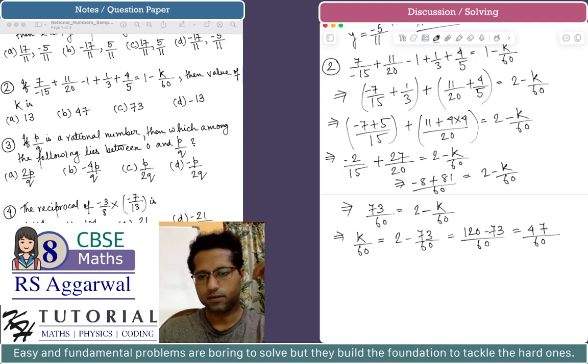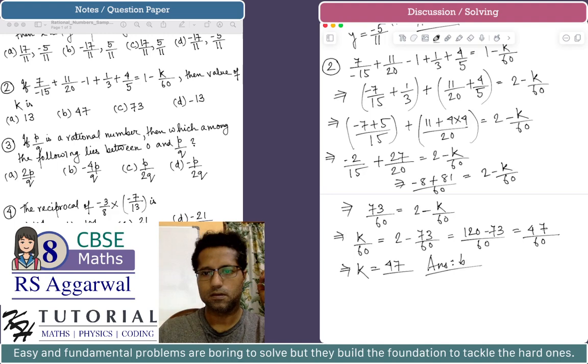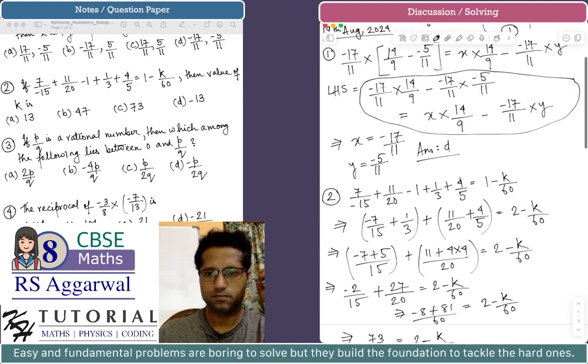So we got k by 60 is equal to 47 by 60. So this clearly shows that k is equal to 47. So the answer is choice B.